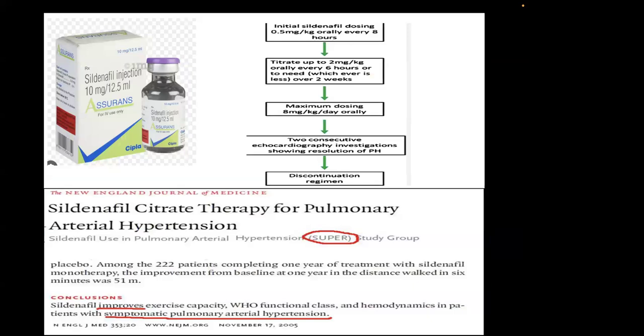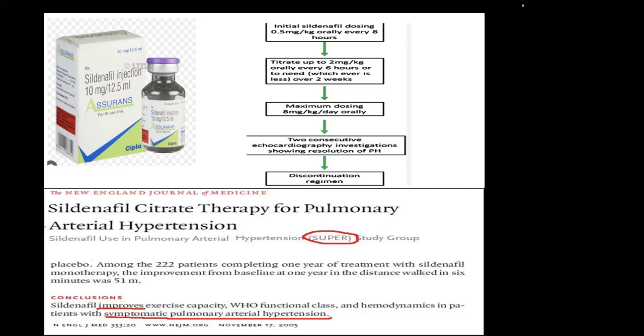Initial sildenafil dosing is 0.5 mg per kg orally every 8 hours, titrated up to 2 mg per kg orally every 6 hours, or as needed, whichever is less, over 2 weeks. Maximum dosing is 8 mg per kg per day orally. After two consecutive echocardiography investigations showing resolution of PH, discontinue the regimen.